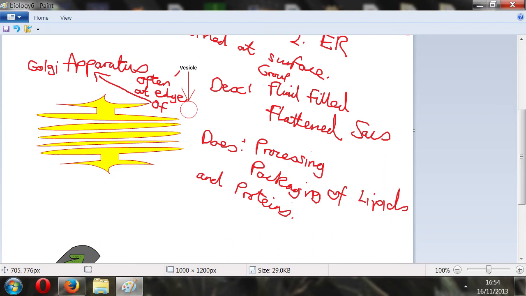Lysosomes, as you might recall, are round organelles surrounded by a membrane with no clear internal structure, and they contain digestive enzymes. So lysosomes are good for breaking down worn out components of the cell. This Golgi apparatus is where the lysosomes come from. So it processes and packages lipids and proteins, and makes lysosomes, the round organelles good for digestion.